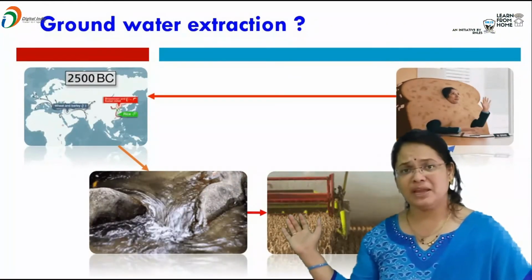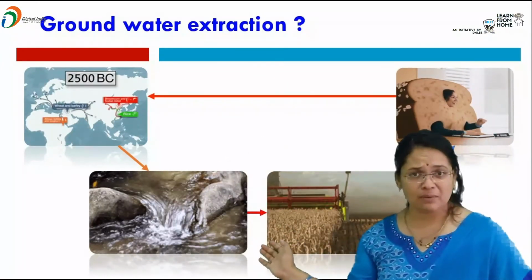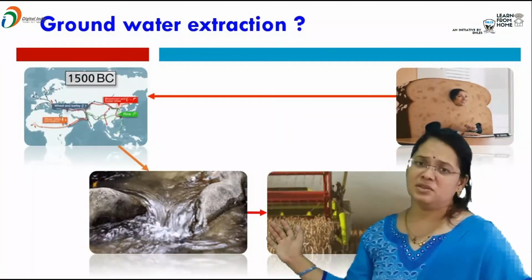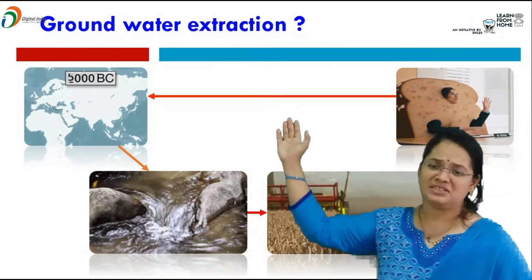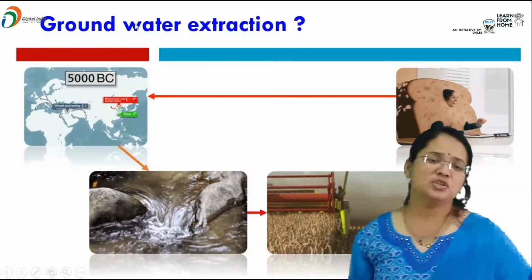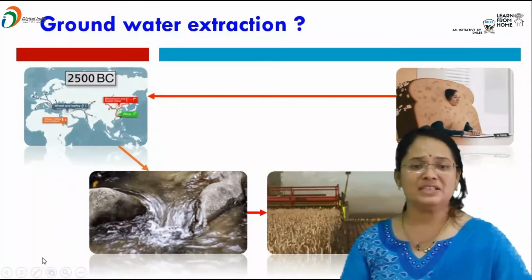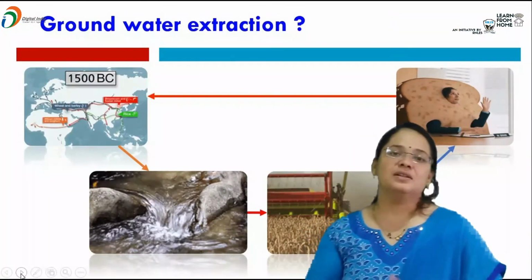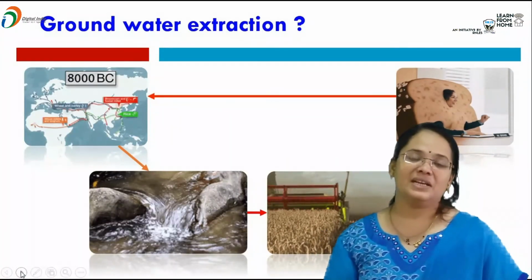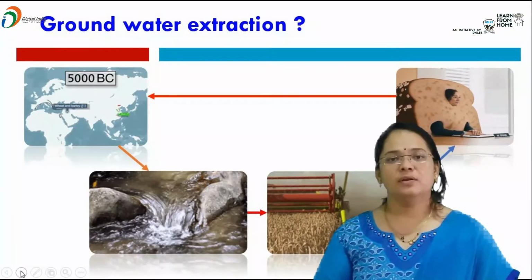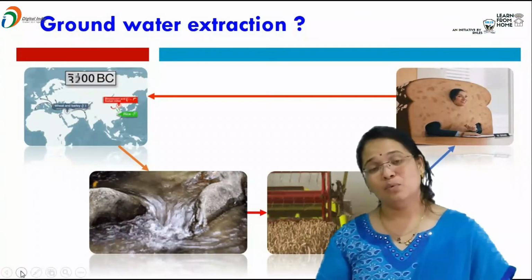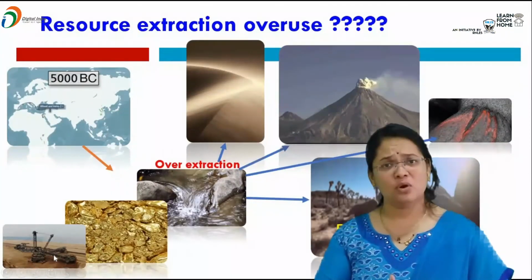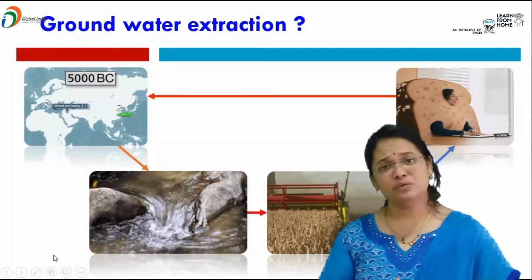This is part of human development, and the produced crops are again processed somewhere in the industries, and the product is used by the whole world, all done with the help of water. Groundwater is extracted in an overuse manner, again and again from many years, and still it will go on continuously. So we have to think about it.